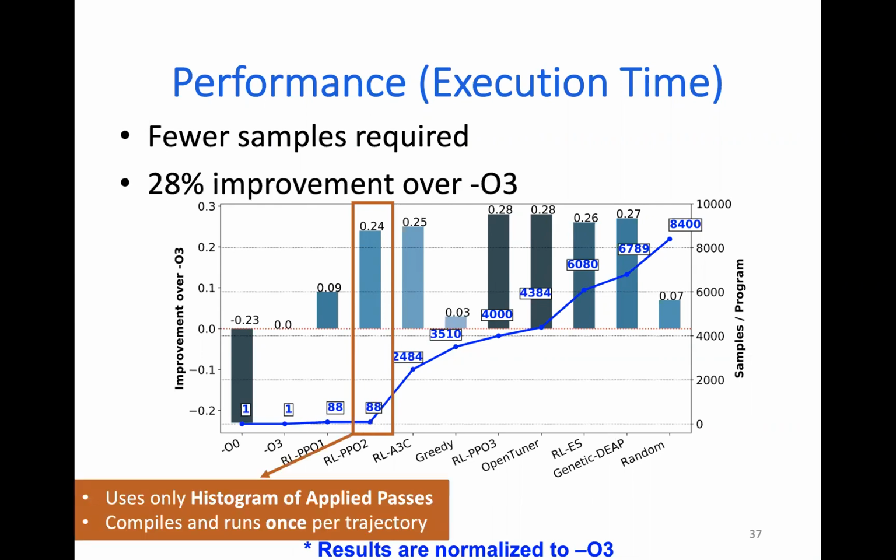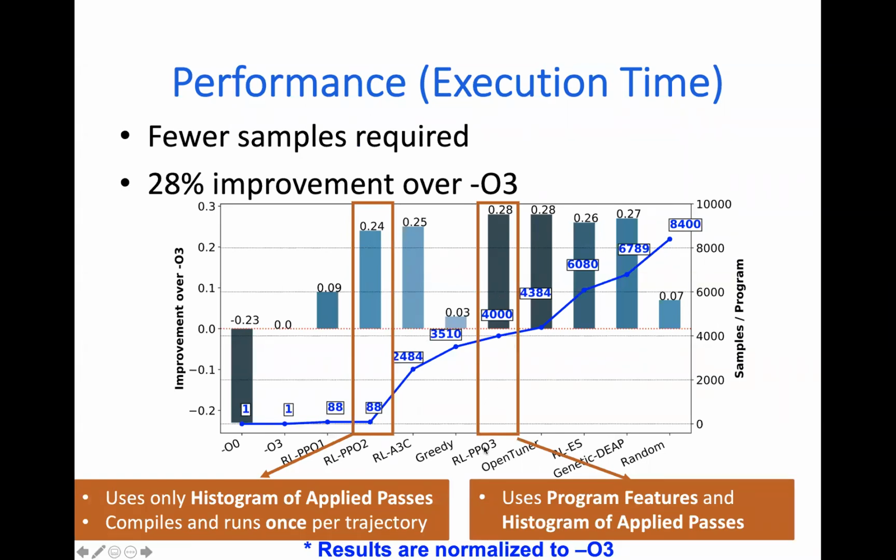And then if you look at PPO3 here, we were able to achieve another 4% improvement over -O3 with much fewer samples than the other algorithms. Now, you might wonder, but the other algorithms like OpenTuner here also achieved similar performance, of course with more samples. And the answer to that is, let's look at the generalization.